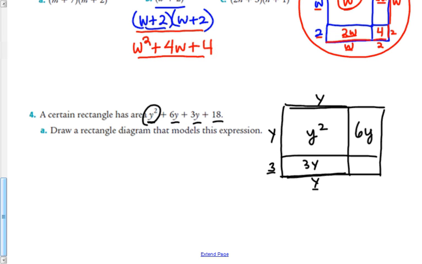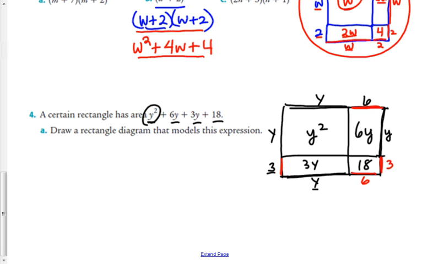We'll put that here, and we know that this length right there is y. So that means this width must be 6 here. So 6 times y, and then there's only one part left, that's 18. And that makes sense because this is 3. That length right there is 3. And then this length right there is 6. And 3 times 6 is 18. Okay. So that's the rectangular model that can model that.